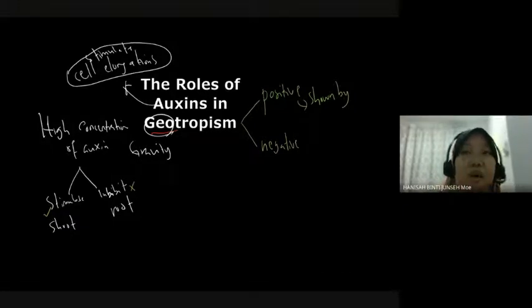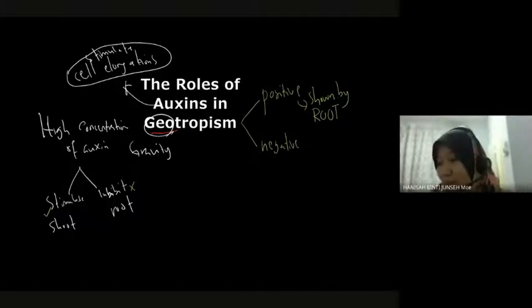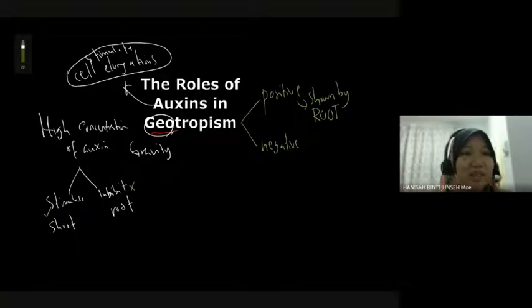Is it shoot or root? Root. Root. Root. Okay. Oh boy. Sudahlah teacher kasih high volume my earphone ni. Okay. So good. Is the right answer. Geotropism, positive geotropism shown by root.